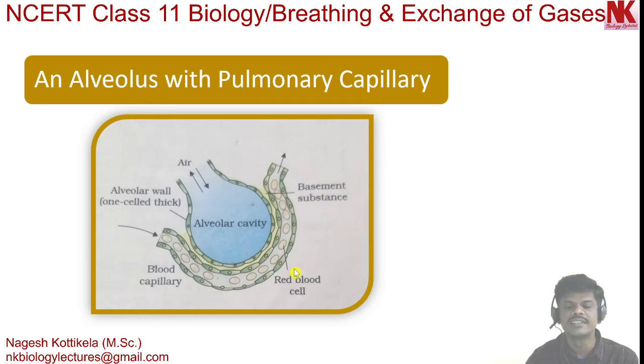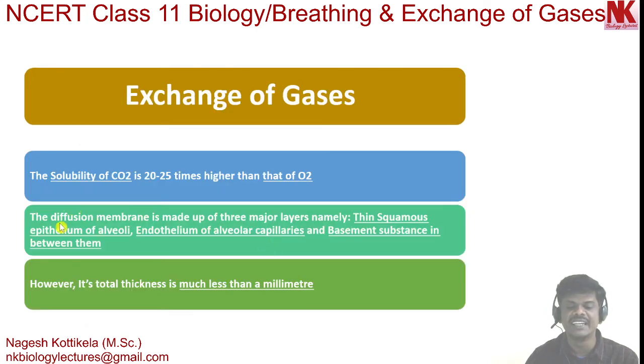So this is an alveolus with pulmonary capillary. So this is a diffusion membrane, and its total thickness is much less than a millimeter.